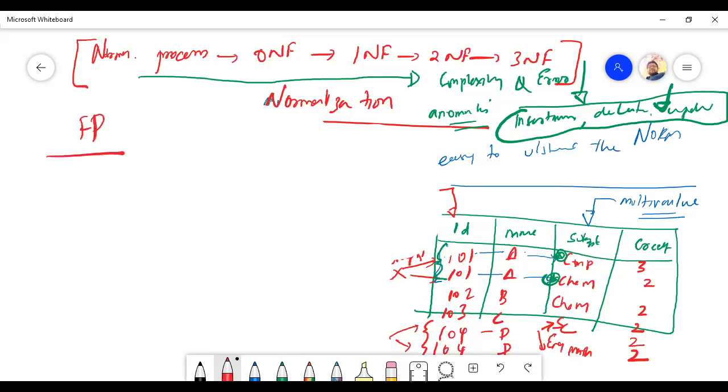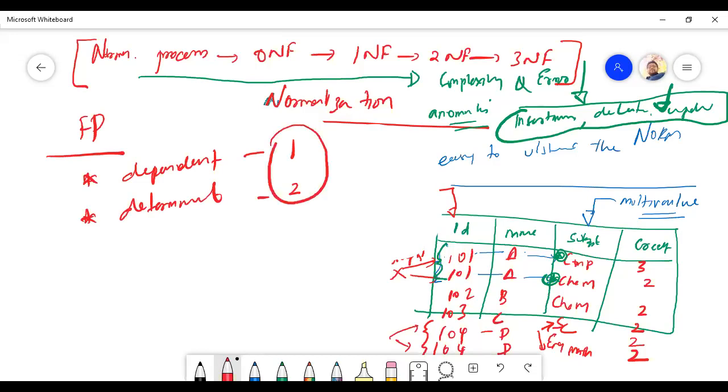Now you can see there are two important words. Word one, dependent. Word two, determinant. These two words are very important if you want to understand functional dependency. Now we will learn about this dependent and determinant.